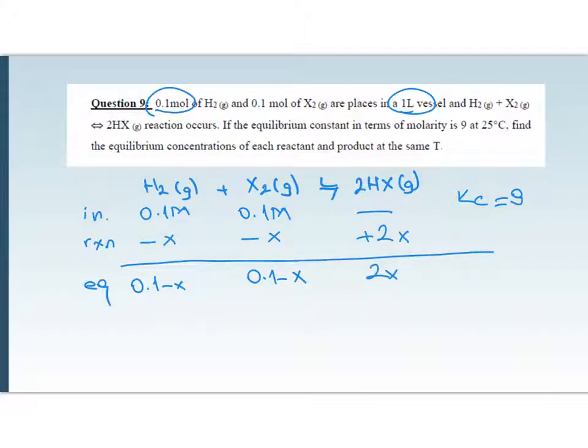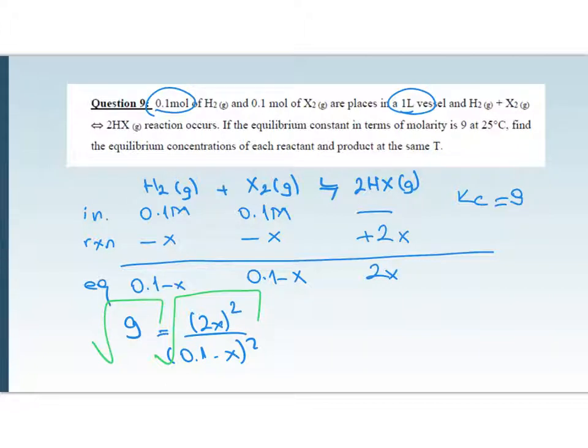Now, with these equilibrium values, you can equate them to the equilibrium constant, which will be 9 equals 2x squared over (0.1 minus x) squared. You're going to take the root of both sides. Then 3 is equal to 2x over 0.1 minus x. So 0.3 minus 3x will be equal to 2x. So 0.3 is equal to 5x.